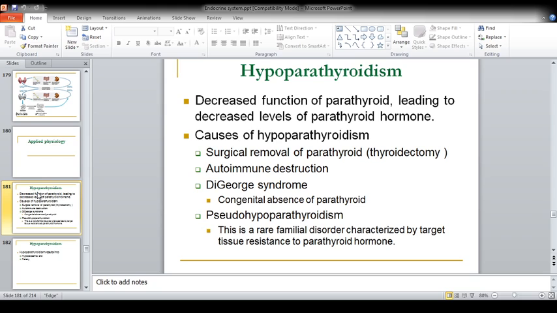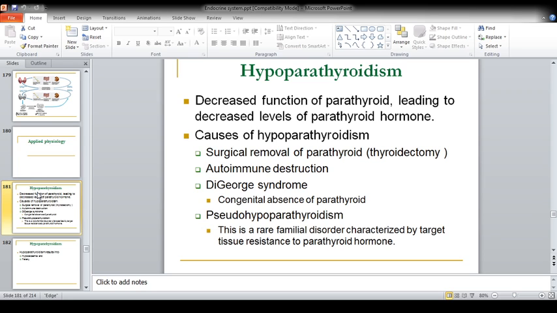Then there is a congenital condition that is known as DiGeorge syndrome, in which there is congenital absence of the parathyroid gland. Plus there can be pseudohypoparathyroidism, that is a rare familial disorder characterized by target tissue resistance to parathyroid hormone. So the parathyroid hormone being released from the parathyroid gland would be normal in concentration. If we check the parathyroid hormone concentration in the blood of that person, its result would be normal.